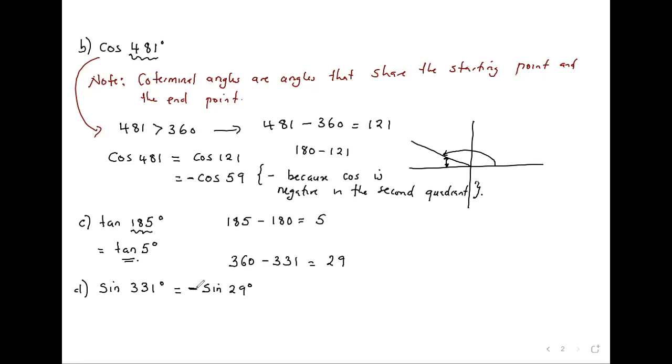This is because of the quadrants where these two belong. To show that the 29 has come in because of 331, you put a negative here so that you have the same value.